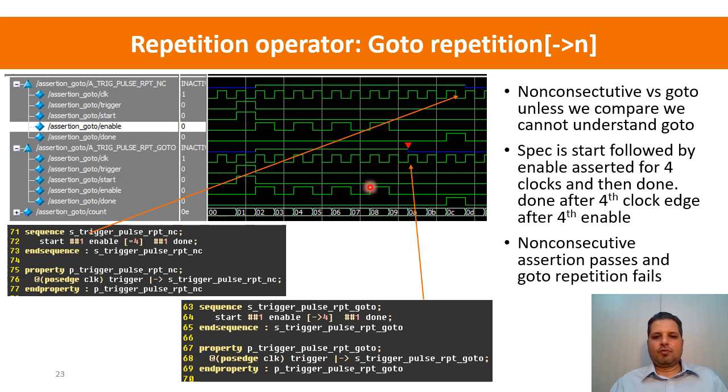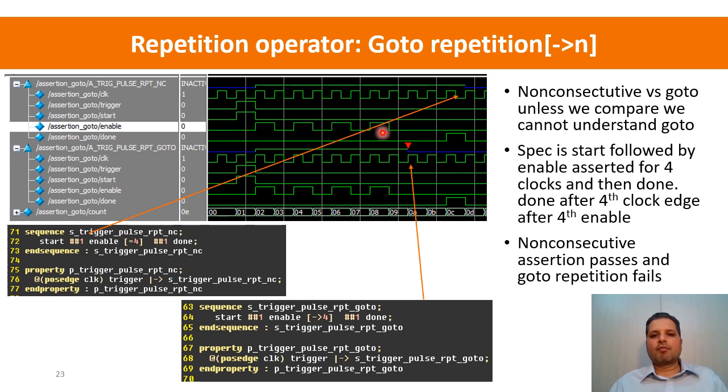So in both of these we have given the same stimulus, and we are observing the behavior of non-consecutive repetition versus the go to repetition. The top one is your non-consecutive and the bottom one is the go to repetition. So in both of them it is the same.